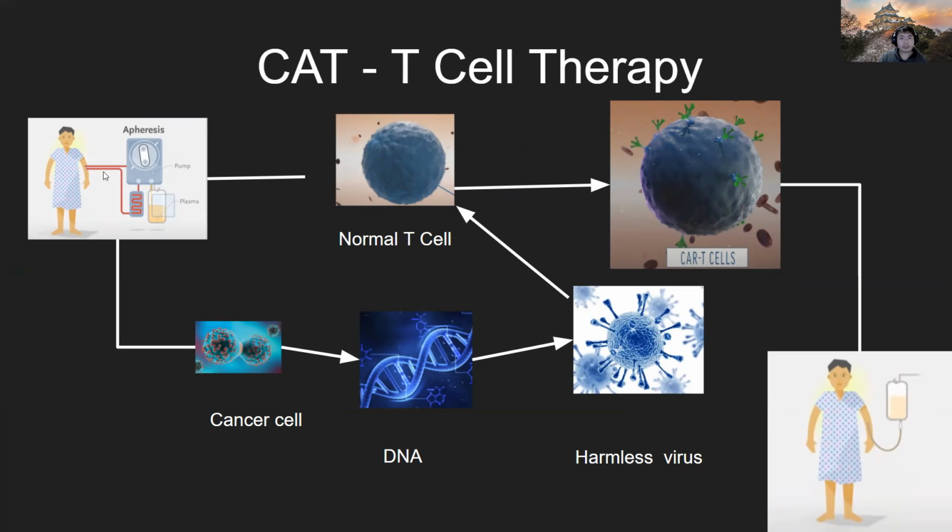First, we take the blood from our patient and take out the normal T cell. Also, we take our cancer cell. After we take our cancer cell, we take part of the DNA of our cancer cell and put it inside a harmless virus. And then we use that virus to infect our T cell.